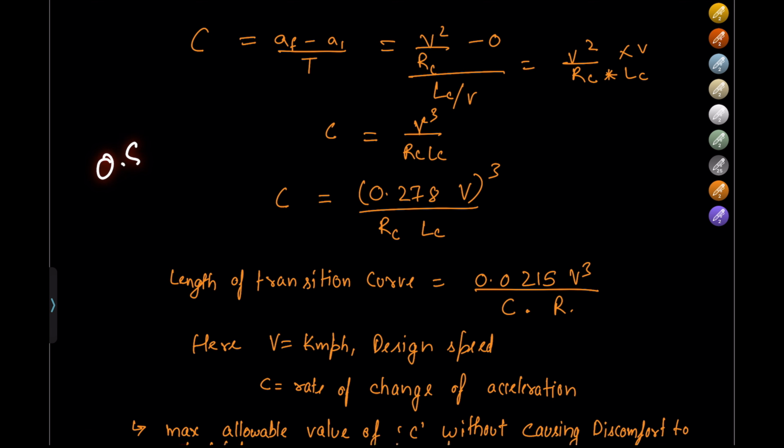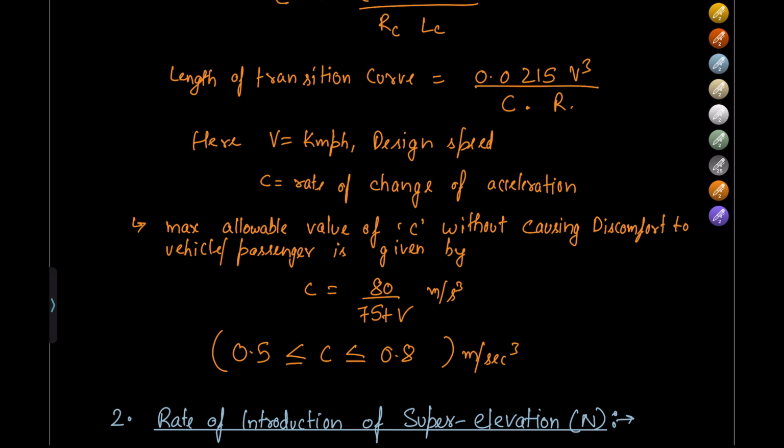It can have a value of 0.5, less than or equal to 0.8 meter per second square, where C is also given by 80 upon 75 plus V, where V is in kilometer per hour, right? The maximum allowable value of C without causing discomfort to the vehicle or passenger is given by 80 upon 75 plus V, and C is limited to 0.5 and 0.8.